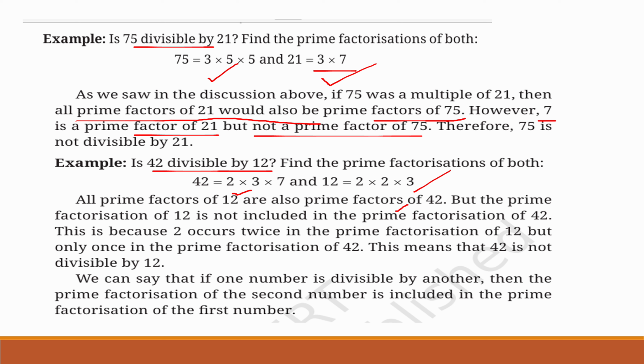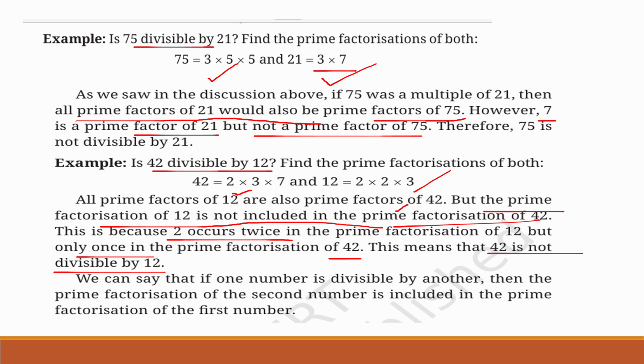But the prime factorization of 12 is not included in the prime factorization of 42. This is because 2 occurs twice in the prime factorization of 12, but only once in the prime factorization of 42. This means that 42 is not divisible by 12.